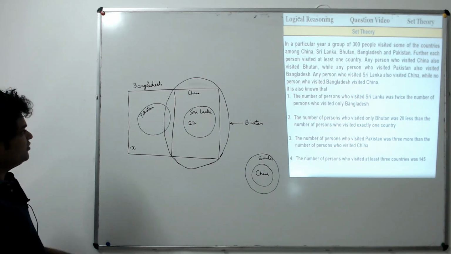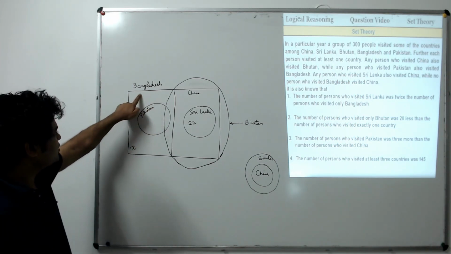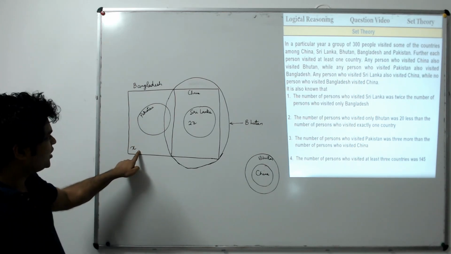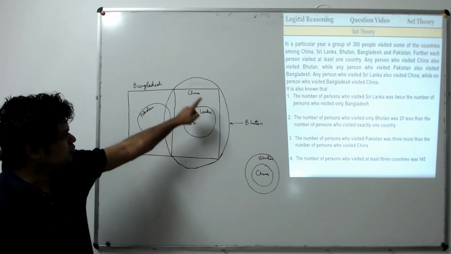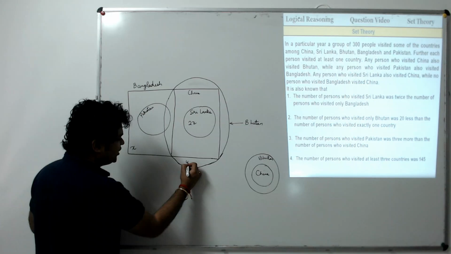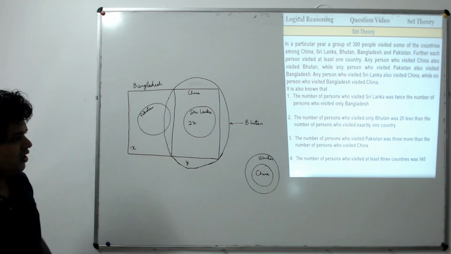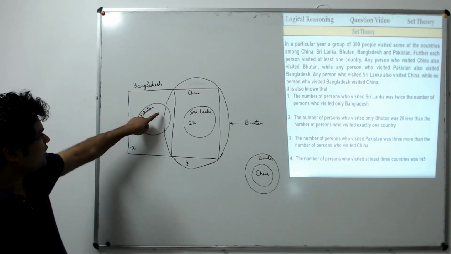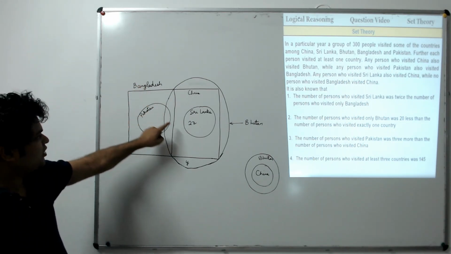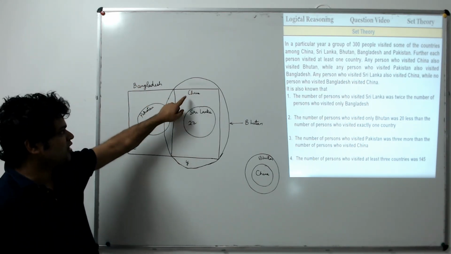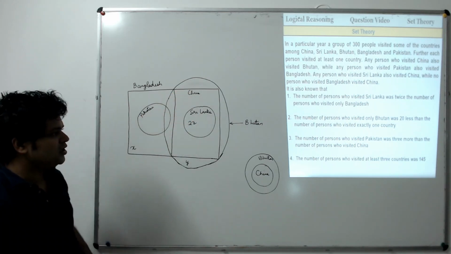So exactly one country, this X is exactly one country, then this only Bhutan, if I say it is Y, then this is also exactly one country. Every other country, Pakistan, they have also visited Bangladesh, Sri Lanka, they have also visited China, China, they have also visited Bhutan.